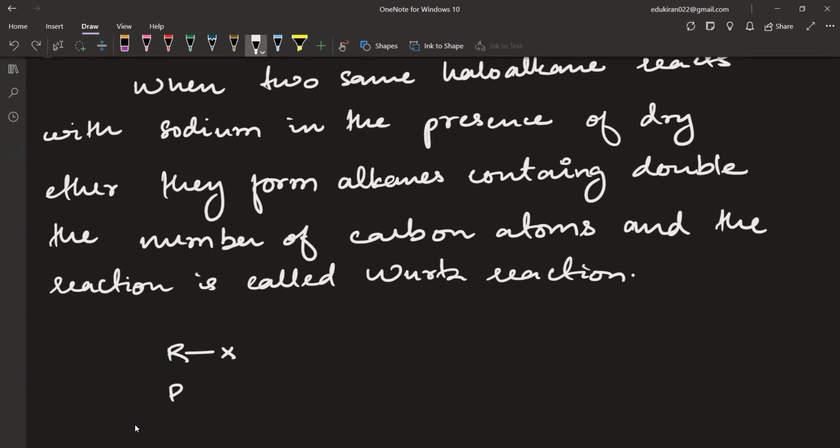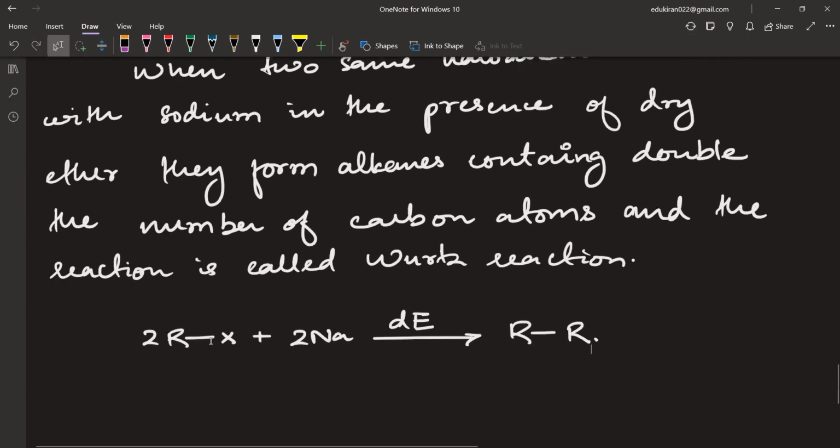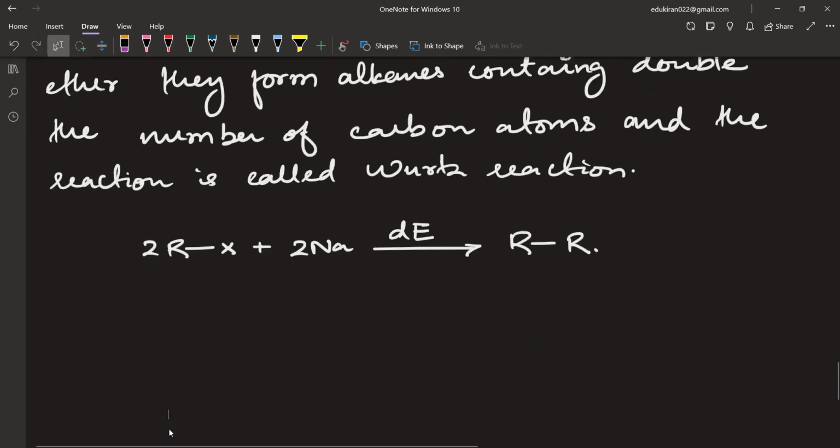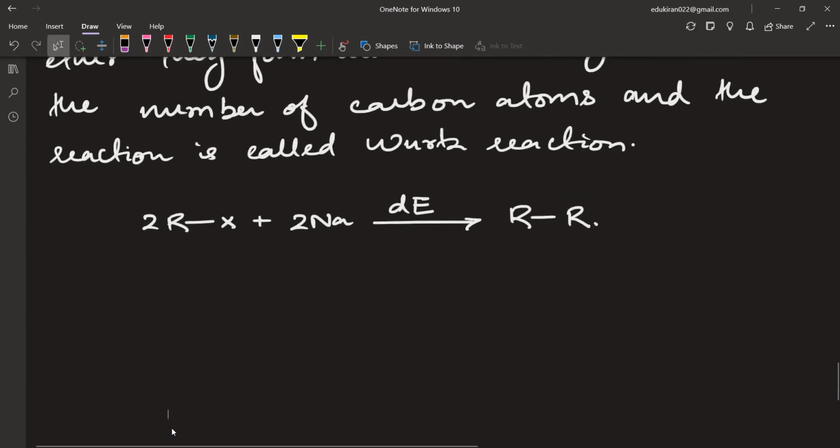Okay, so 2 RX plus 2 sodium in the presence of dry ether is going to give me R bonded with R. First of all, learn how to make the product.